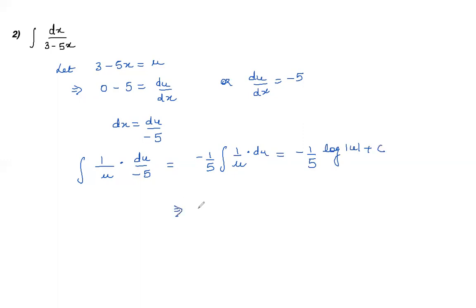I'll again substitute the value of u, so it is minus 1 upon 5 log of 3 minus 5x plus c. So this is the required answer for question number 2. Let's see the next question.